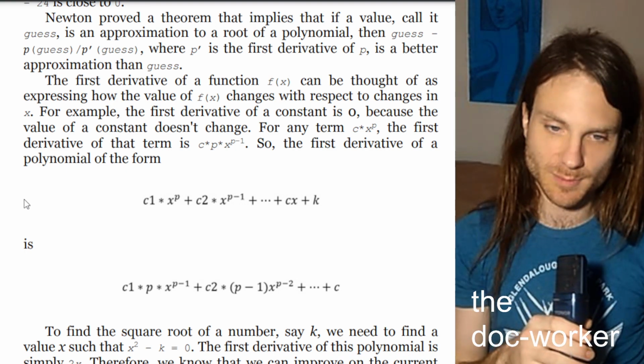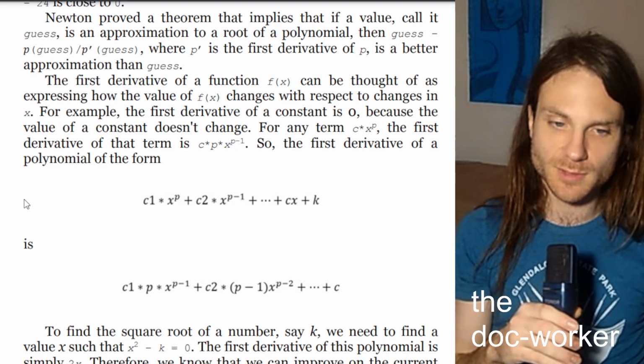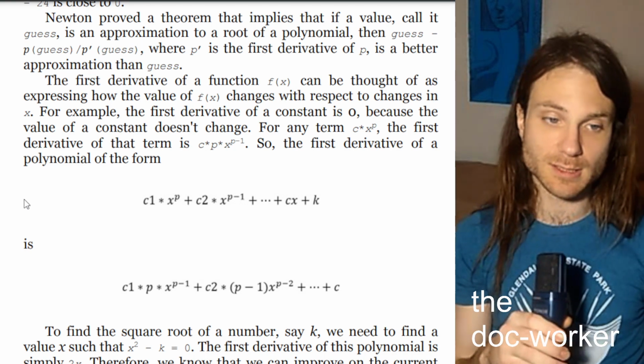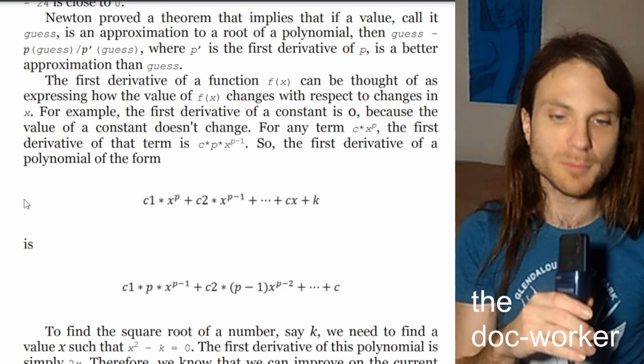For any term c times x to the p power, the first derivative of that term is c times p times x to the p minus 1 power.